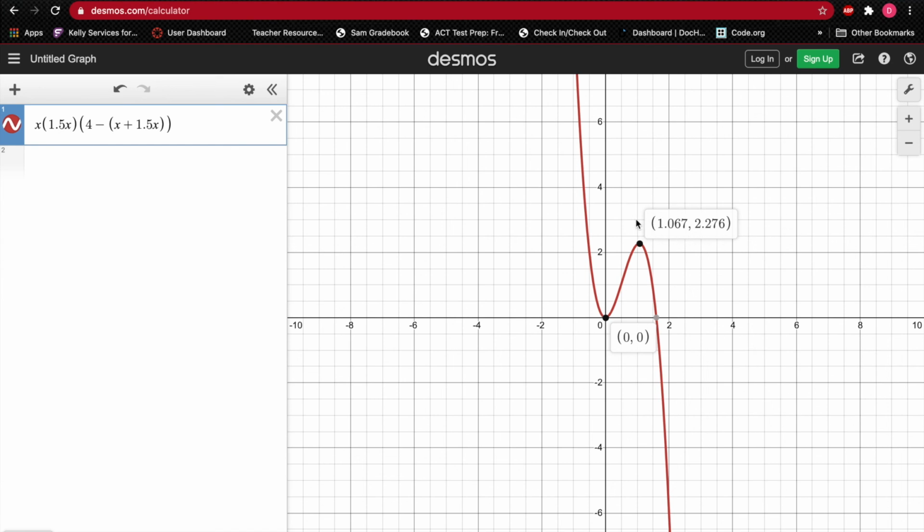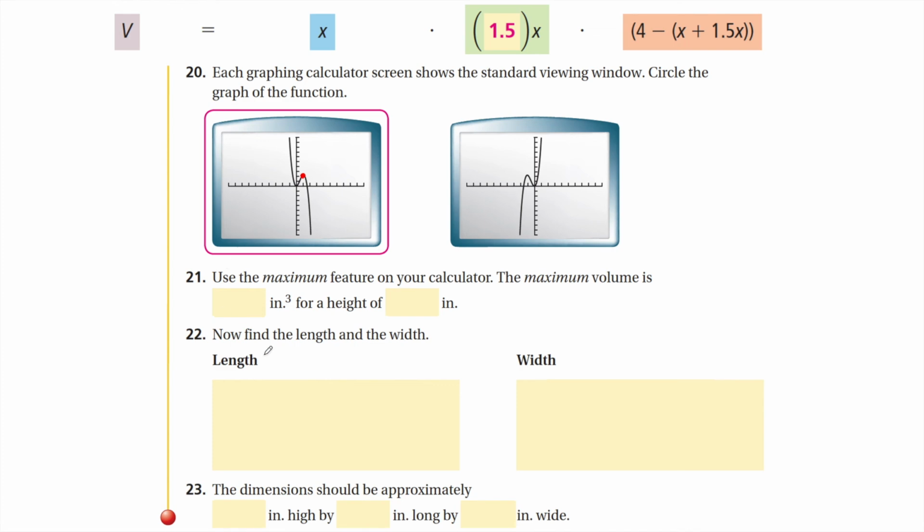The x value is going to be whatever our x ends up being. So if I were to go back to our PowerPoint, I can now put that the volume for this problem is going to be 2.276, and the height of this box is going to be 1.0667. Knowing that, that is our x value once again, find the length and the width.